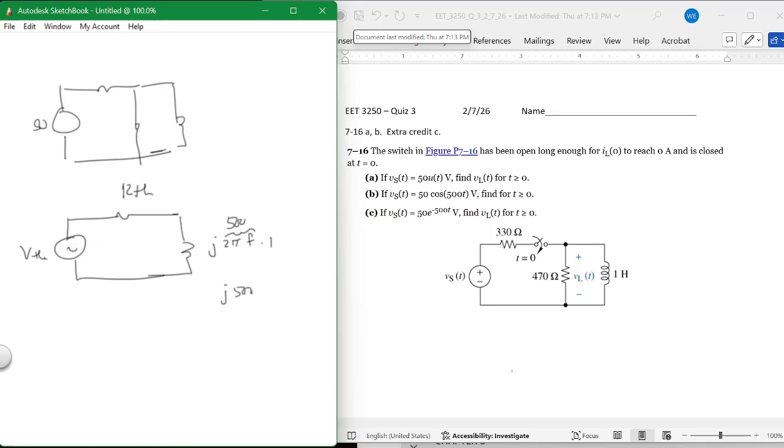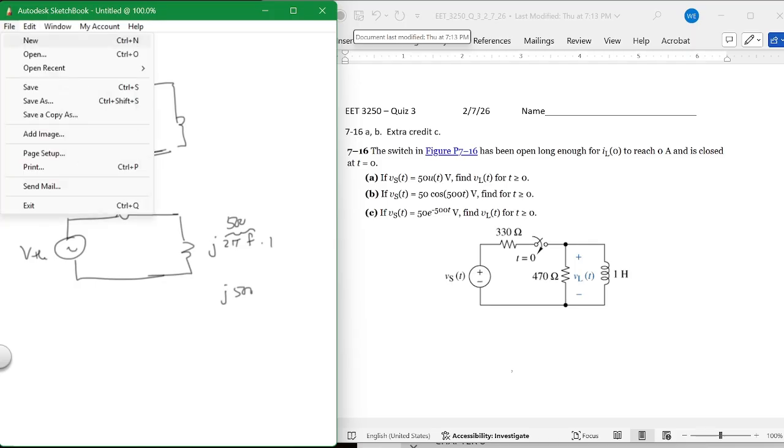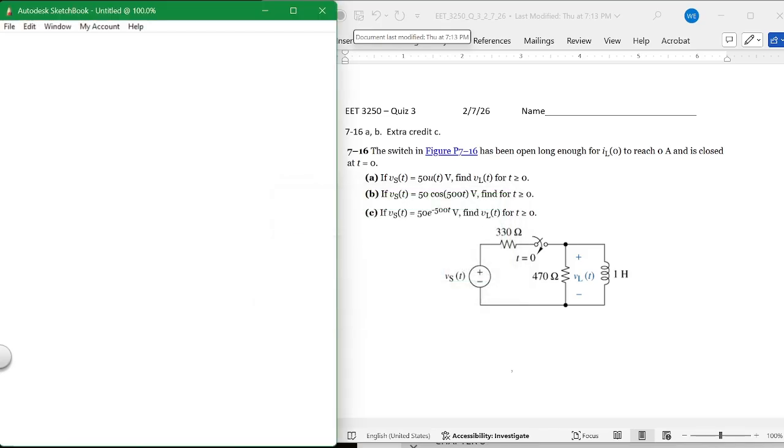Okay, so what would it be for this last one? I don't know. How would you grapple with this last one? I haven't done this, I have not tried to do this, but how would you grapple with it? What do you know? ELI the ICEman, right? Everybody should know by now ELI and ICE: V equals L di over dt, I equals C dV over dt.